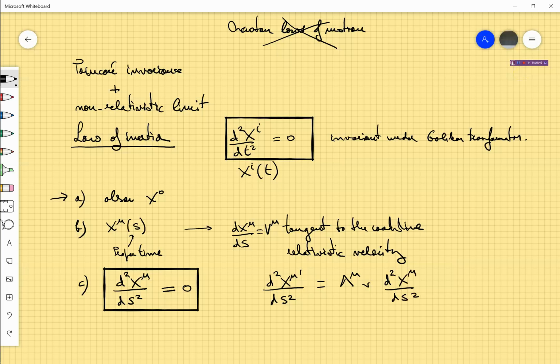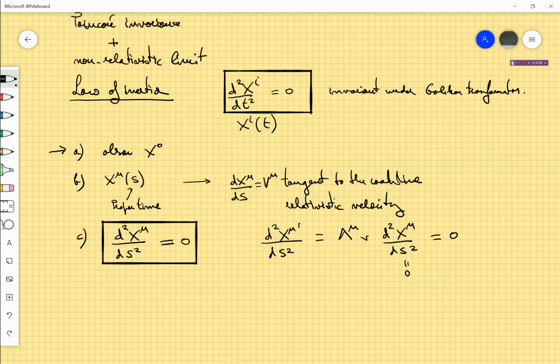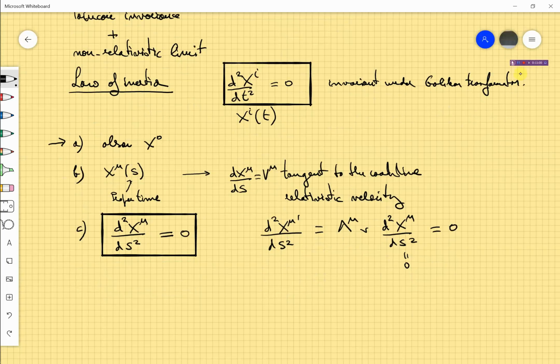The space-time translation is constant, so if you take the derivative with respect to s it is 0. So if this is 0, then by homogeneity this is 0. So if the law of inertia is satisfied in a certain inertial frame 1, then it is satisfied in any other inertial reference frame 2 related by a Poincaré transformation.